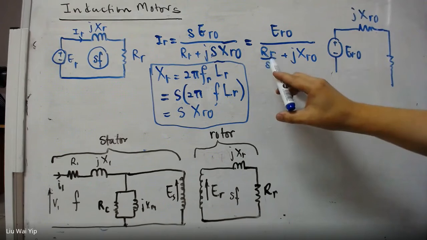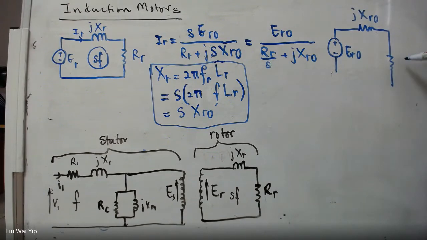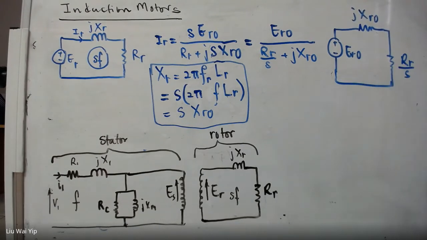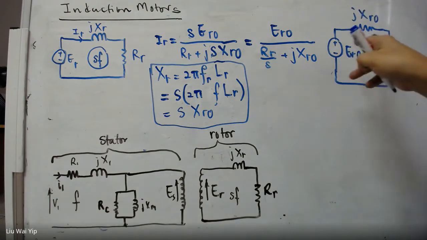But this time the resistance is going to be R divided by S. So now we have already transformed the circuit.